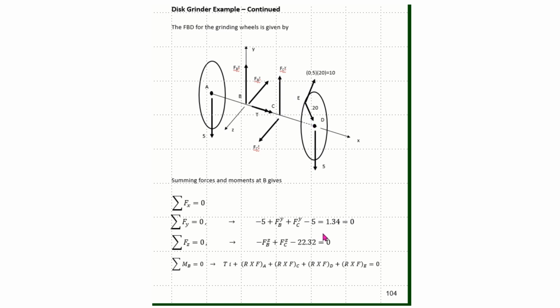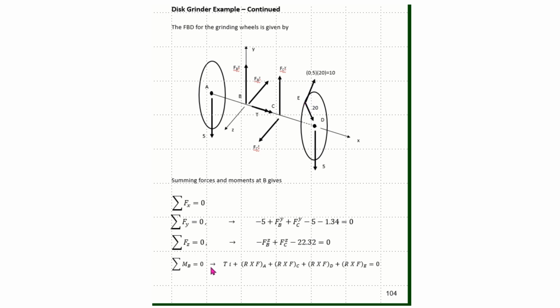So I can set all of that equal to 0. This minus 1.34 comes from the negative load up here at point E. So now I can sum forces in the Z direction. I'll have a minus FBZ plus FCZ minus the 22.32 that I solved for up here at point E.